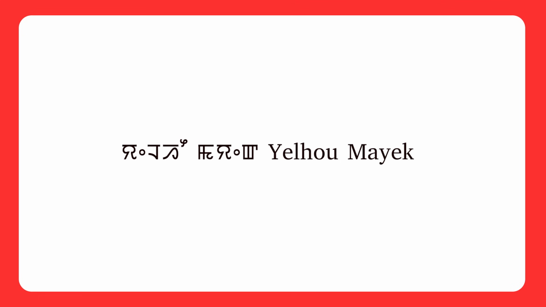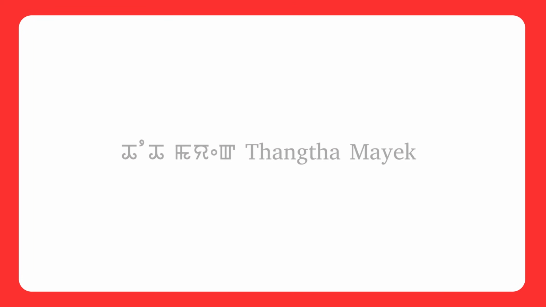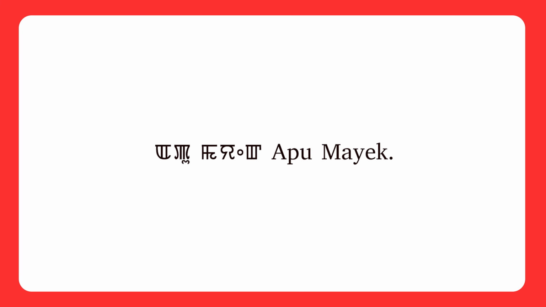Our focus will first be on the numerical consonants as represented in the traditional indigenous letters called Yellow Mayek. We will then examine the derivational letters known as Thangtha Mayek, followed by the loan letters referred to as Apu Mayek. Together, these components reflect the linguistic richness and evolutionary depth of the Meetei Mayek writing system.